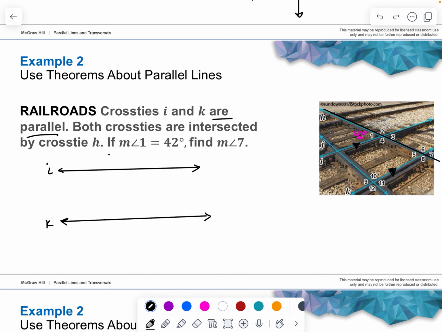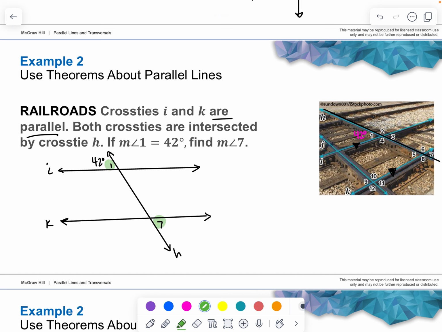I'm not going to make it look 90 degrees because they did not tell me 90 degrees. There's H. Angle 1 is up here, and they tell me that's 42 degrees. And 7 is down here. I could write in all the rest of the numbers. I'm not going to draw in J because they didn't talk about it. Not worth my time.